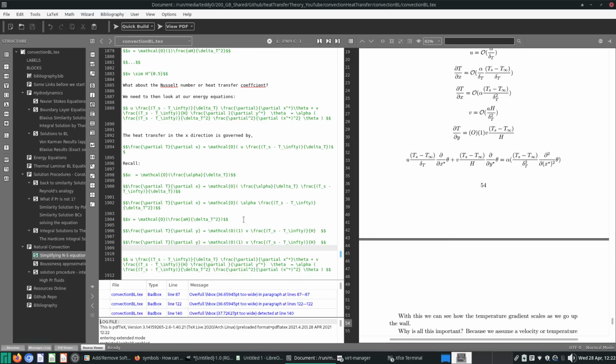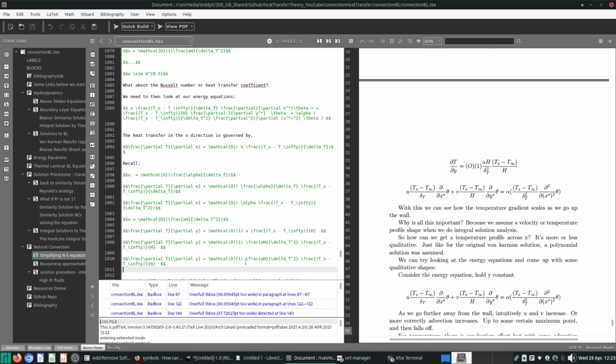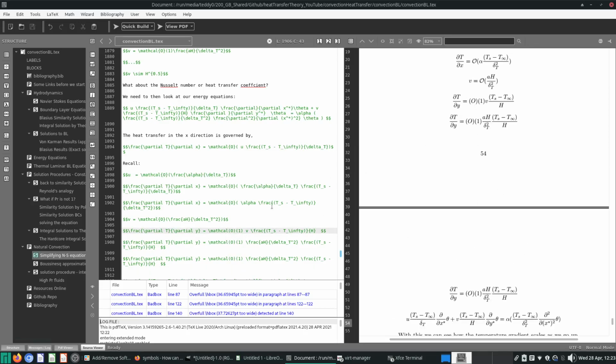Alpha H over delta T squared. And we'll just see that it's basically on the same order of magnitude. Oh, that's the wrong bracket.